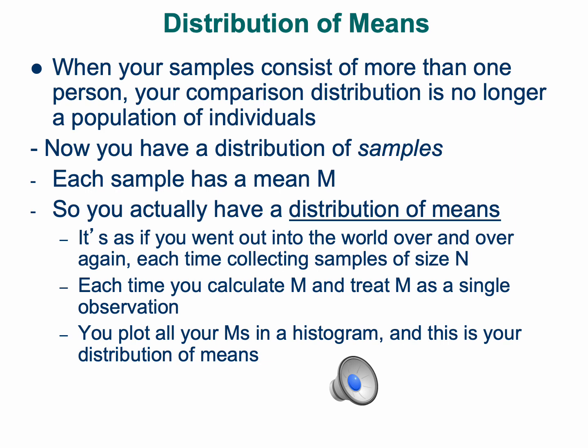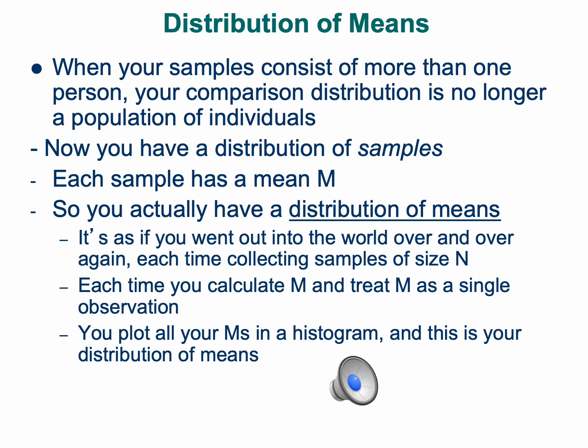Each of these samples will have a mean, and I need to know how likely that mean would have occurred by chance, and not an individual score occurring by chance, like we've studied before. So now that I have a mean of a sample, I need to know how likely a mean value or a mean difference from another mean might have occurred by chance. So I need a distribution not of individuals to calculate that probability, but a distribution of means of samples of a certain size, the size I've collected in my study.